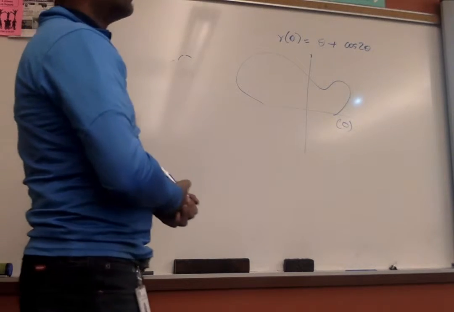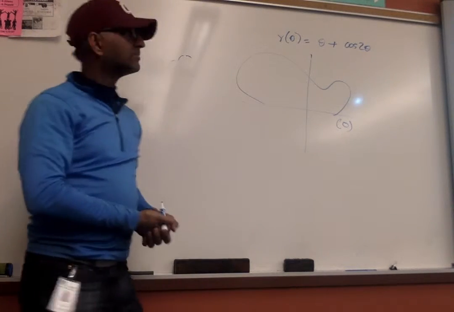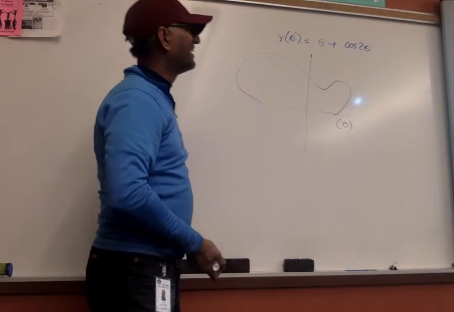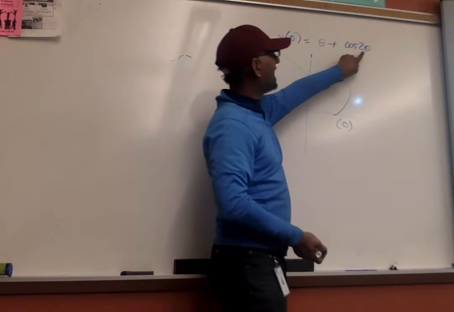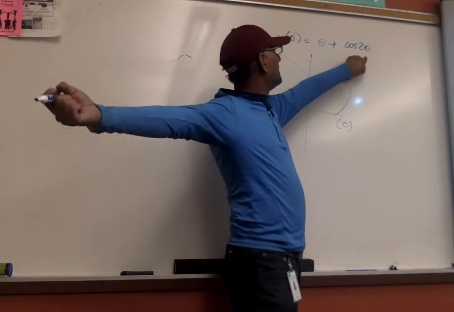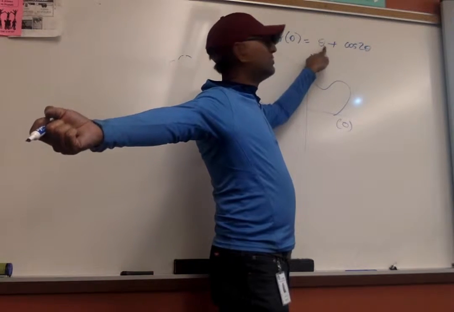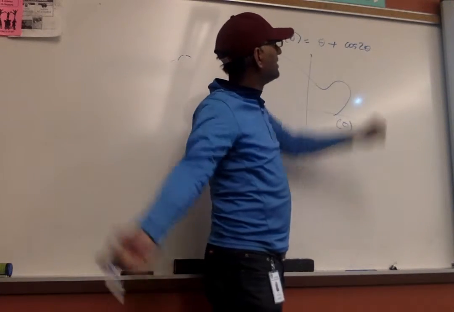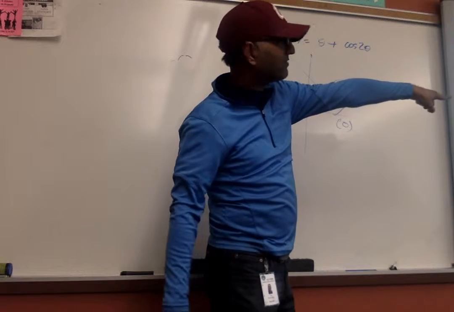And then we plug in pi over 2. What's 2 times pi over 2? What's cos of pi? Negative 1. And what's pi over 2, which is 1.5? I hope you remember that. What's 1.5 minus 1? Is that about 0.5 there?